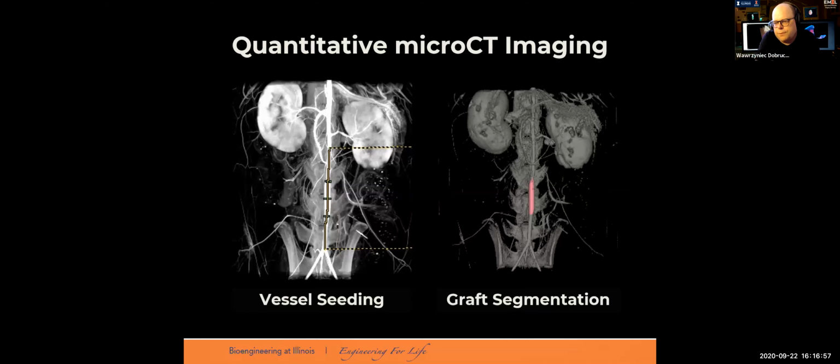Those types of scanners allow different types of imaging, such as high resolution imaging. This one I call quantitative micro CT imaging. This was a study with surgeons where they implanted in the mouse an artificial vessel, exchanging it for part of the abdominal aorta.